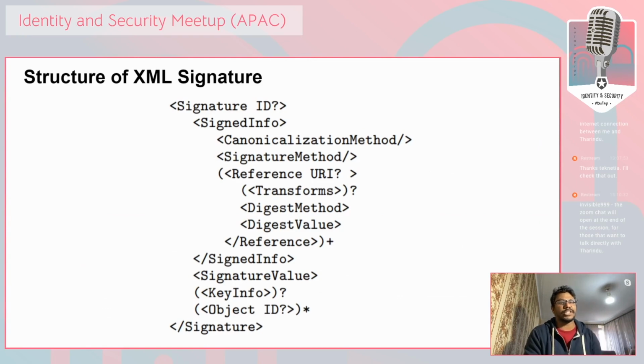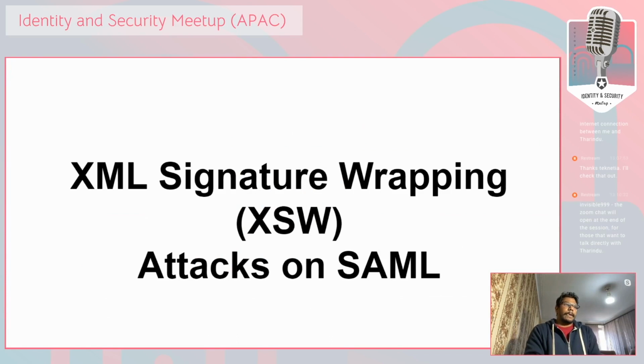In the signature value element, you have the actual encrypted hash value. And I'll explain the reference URI, signature methods, and canonicalization methods later. But basically, when the response comes, it will include parts like this, which include the SAML response or the assertion signature, right?